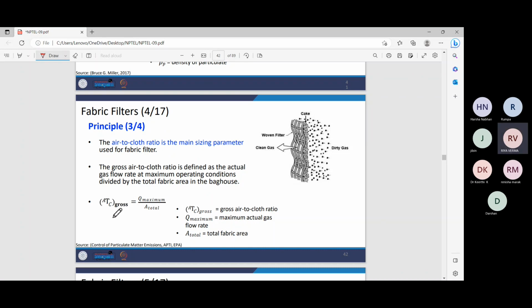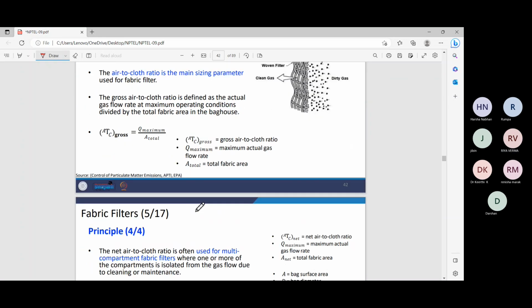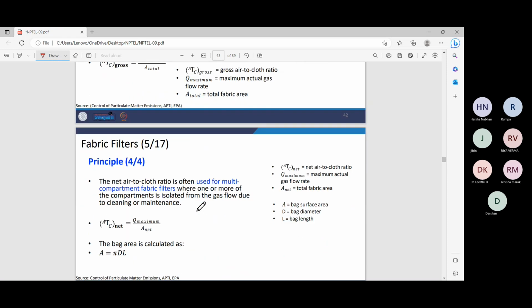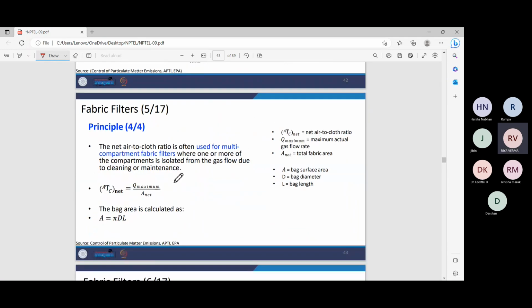So this is how we can calculate the actual air to cloth ratio. And this is the net air to cloth ratio, which is used for multi-compartment fabric filters where one or more of the compartments is isolated from the gas flow due to cleaning or maintenance.